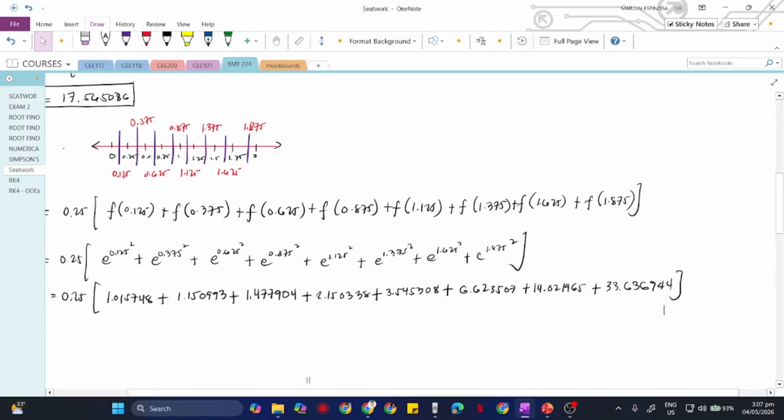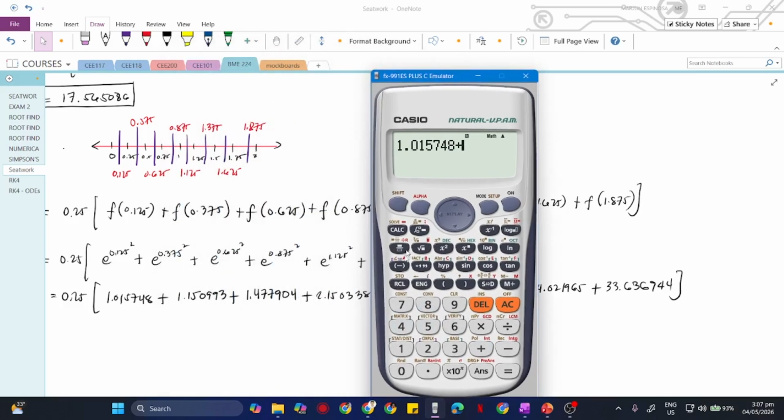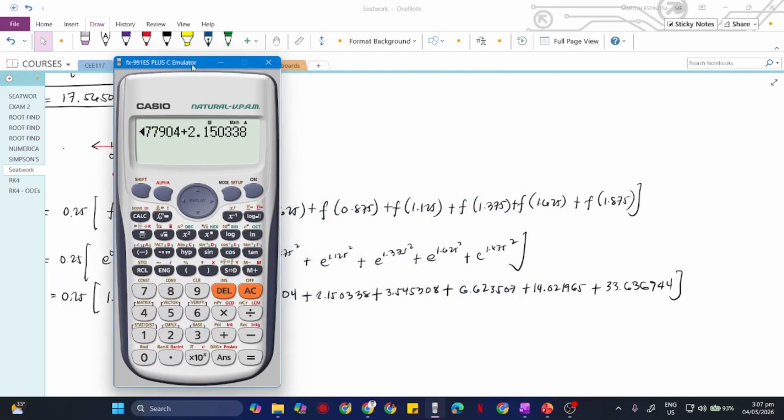And then we can now sum up. Okay, 0.015748 added by 1.150993 plus 1.477904 plus 2.150338 plus 3.545308.